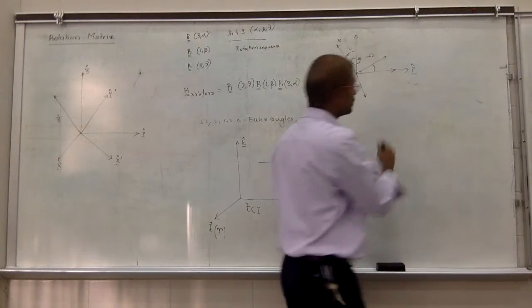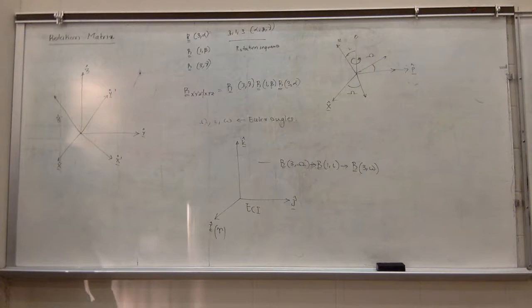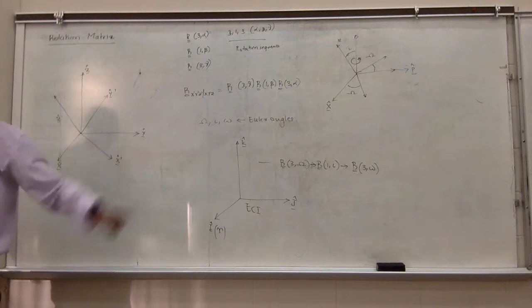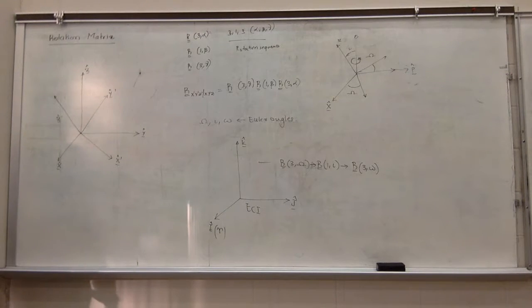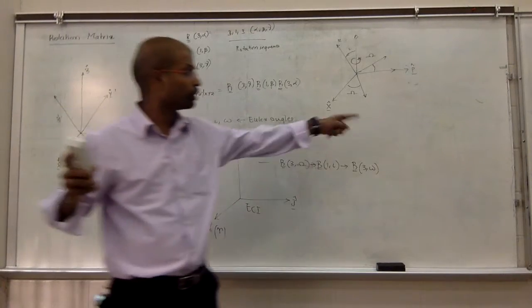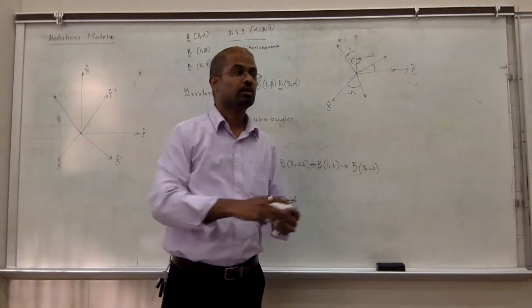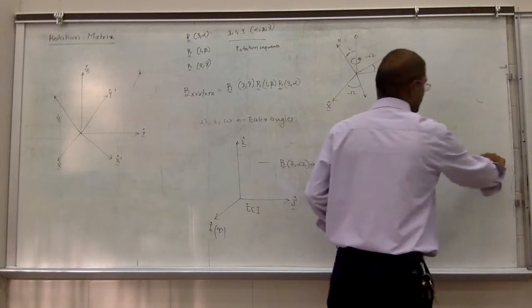Now see here, look at this. This is what I'm drawing on the board all the time. When I draw the orbit here, this is the P axis.